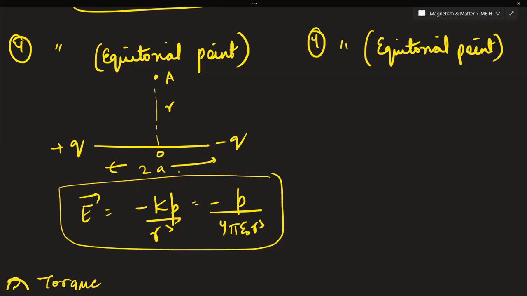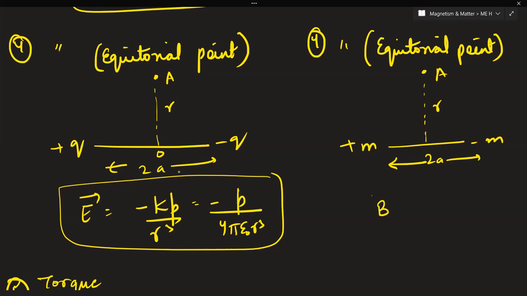Now, no need to do anything for magnetics. Just convert the analogs. Similarly, this is point A, this is R, this is 2A. This lesson you will find easier, and the rest of it is theory part. So you will be able to do it.